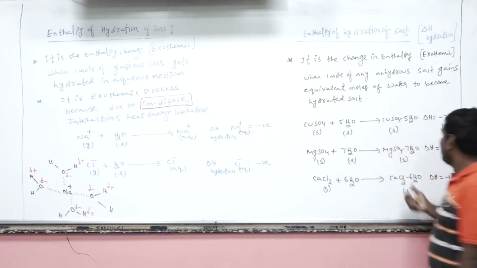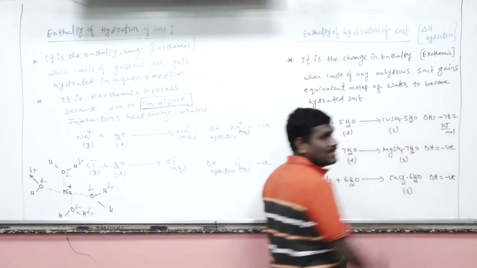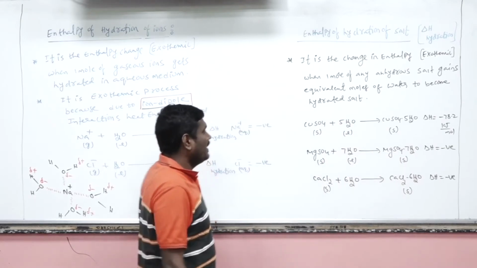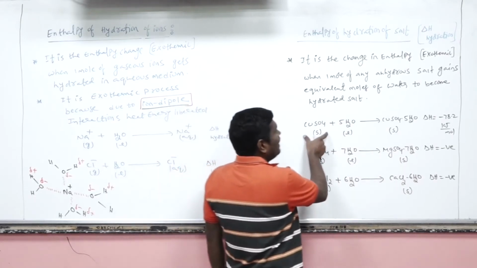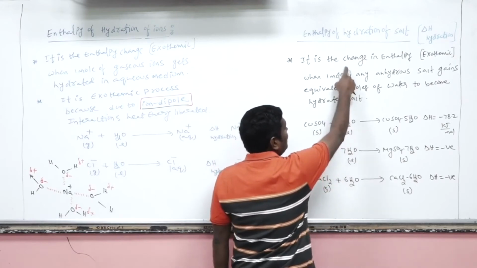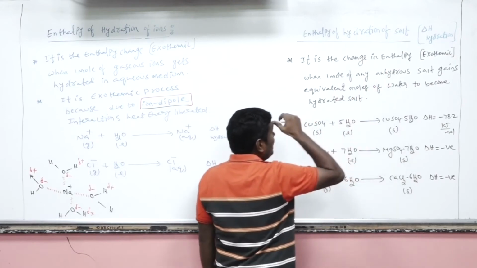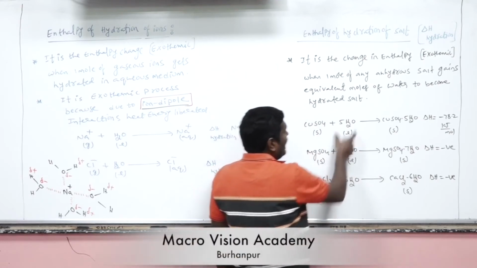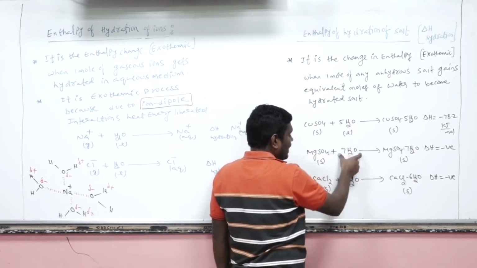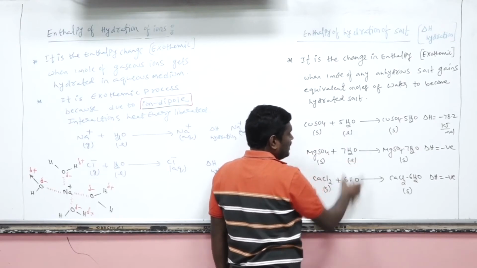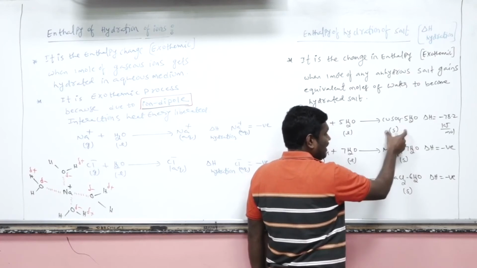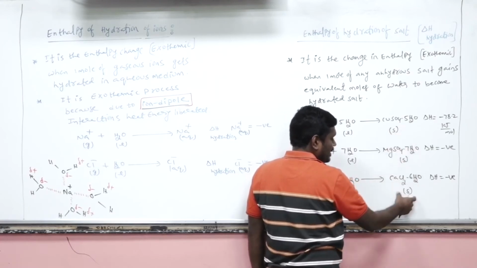In this situation, the amount of heat energy released is called enthalpy of hydration. When it is an enthalpy change, it is exothermic. Remember, it is when 1 mole of an anhydrous salt, by adding the required number of water molecules, gets converted into a hydrated salt. Remember, this is a solid salt, this is also solid, this is also solid.